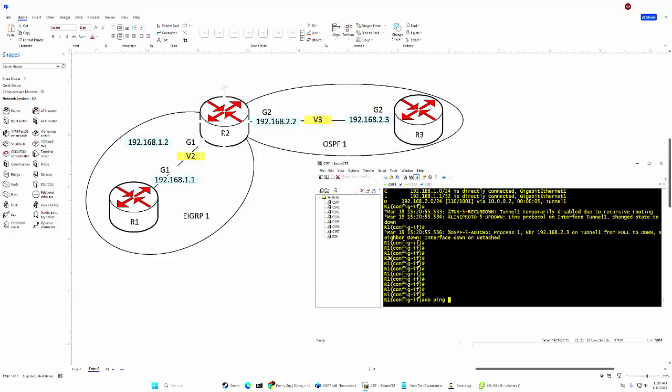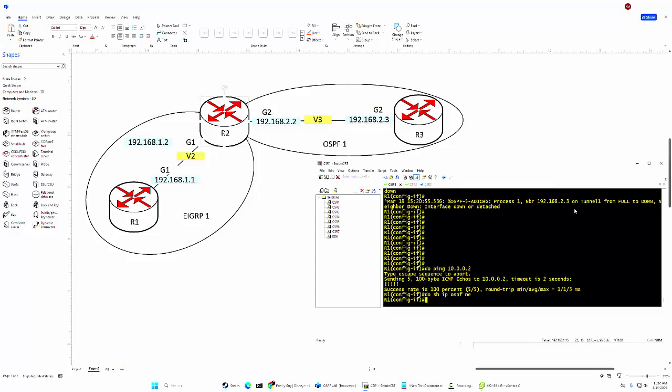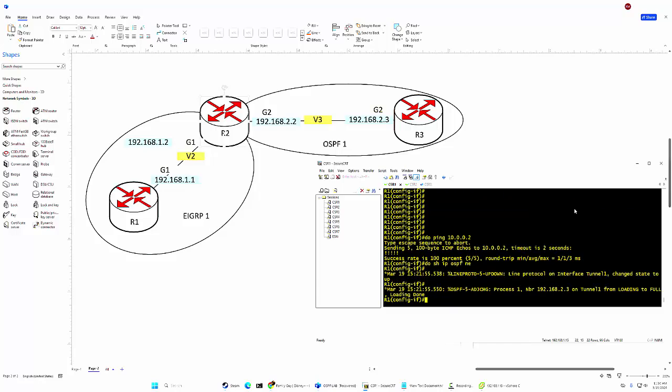Do ping. Oh, maybe not. But the tunnel, okay, so it's up.